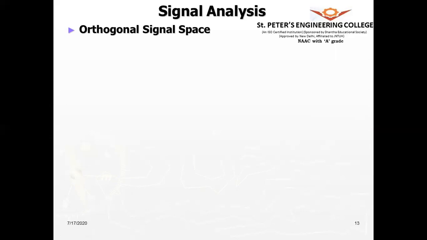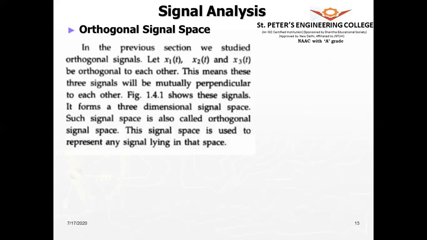Let us look into the orthogonal signal space. So in the previous discussion, we had looked into orthogonal signals. If you consider x1 of t, x2 of t, and x3 of t to be orthogonal to each other, that means they are mutually perpendicular, then we can represent this signal space.